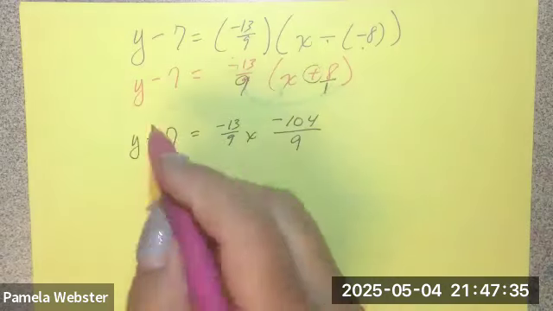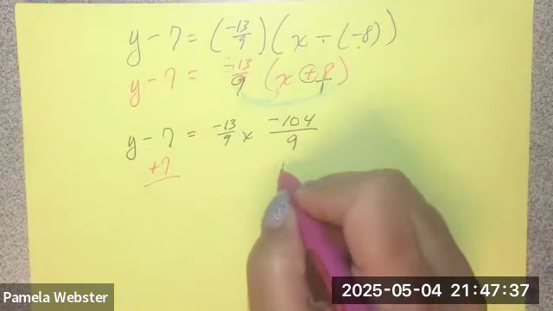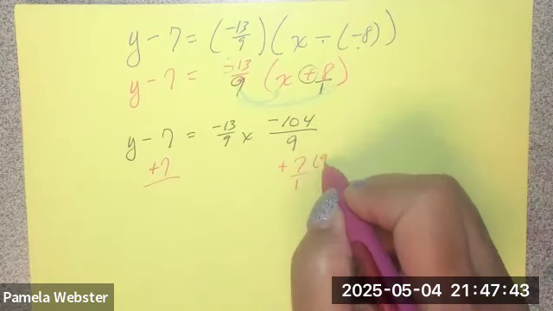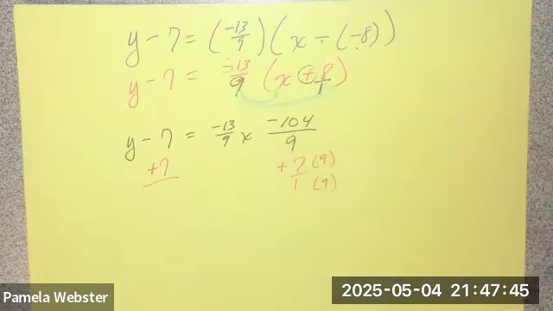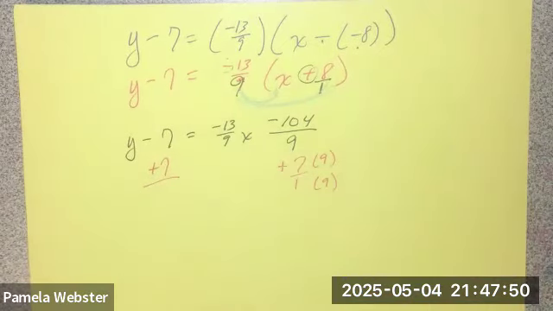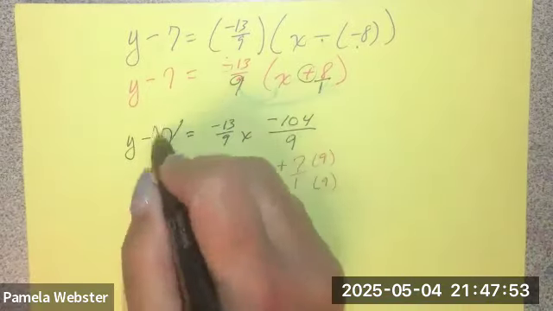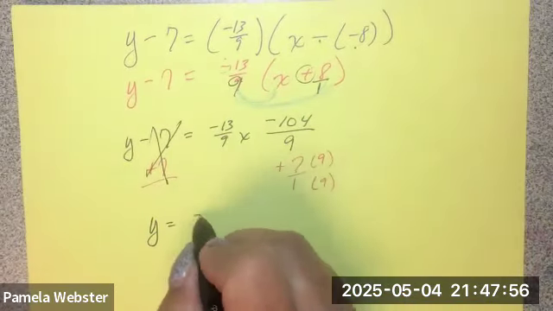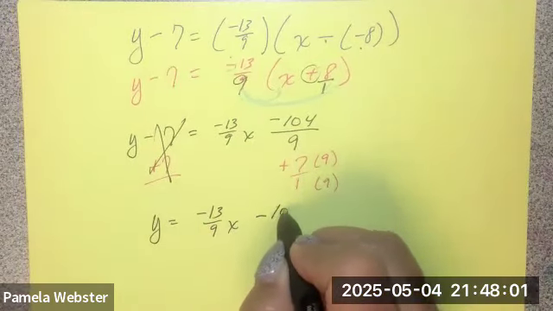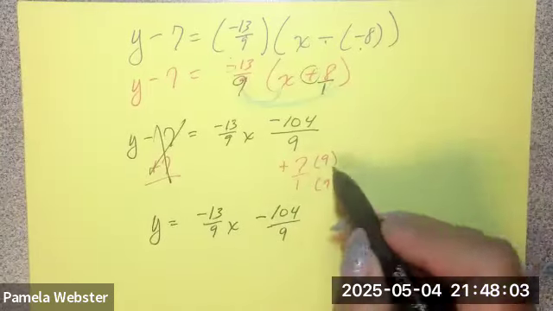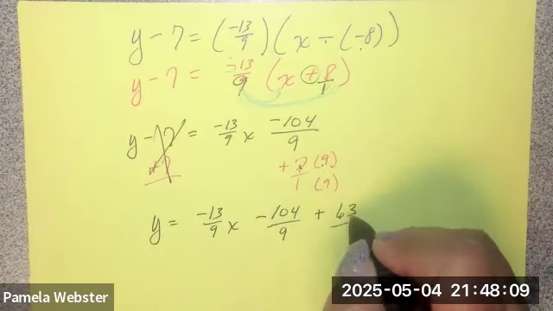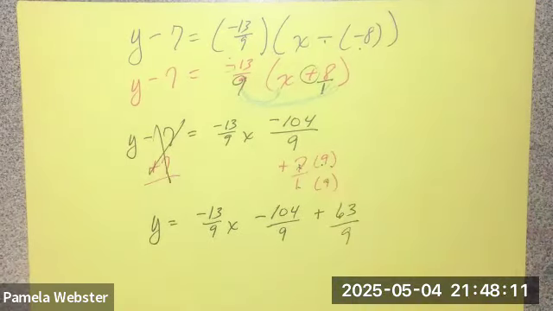All right, and we're almost done. We just need to get the y completely by itself. I'm going to add 7, and again, it's 7 over 1. I'm going to multiply the top and the bottom there by 9 because I need a 9 common denominator, right? So what happens is this. The 7s go away. I get y equals -13 ninths x minus 104 over 9, and then plus 7 times 9 is 63, 1 times 9 is 9.